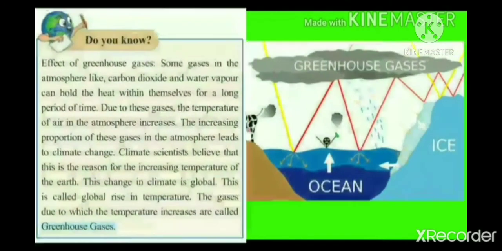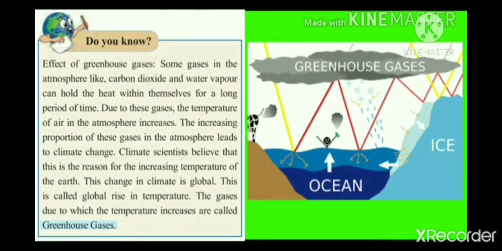Do you know? Let us see. The effect of greenhouse gases. Some gases in the atmosphere like carbon dioxide and water vapor can hold heat within themselves for a long period of time. Due to these gases, the temperature of air in the atmosphere increases. The increasing proportion of these gases in the atmosphere leads to climate change.